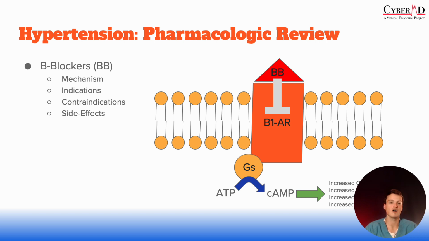Patients who have bradycardia and certain types of heart block, it's contraindicated in those patients due to its effect on the slowing of the heart rate. And so it's crucial to evaluate a patient's overall health and think about comorbid conditions before initiating therapy with a beta blocker for hypertension.